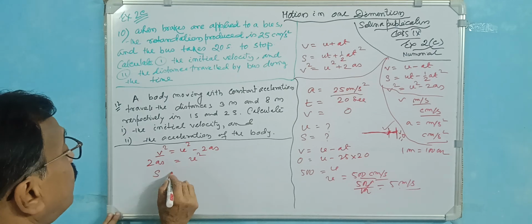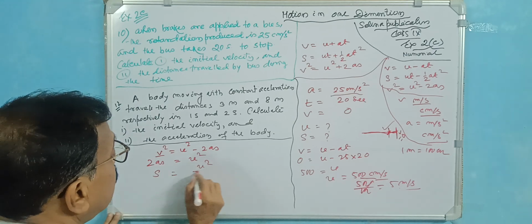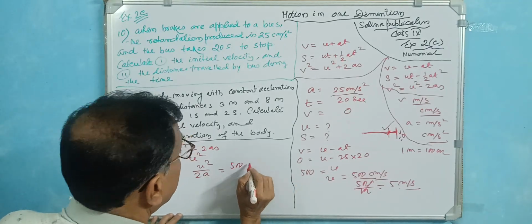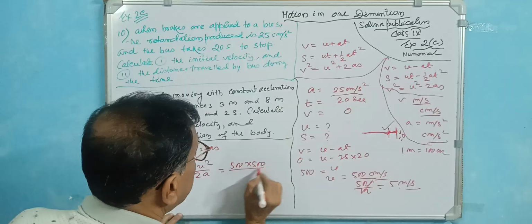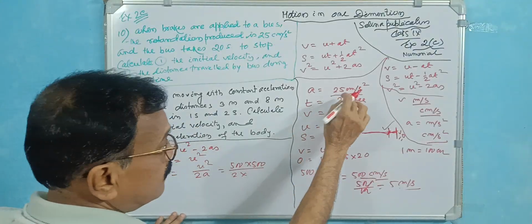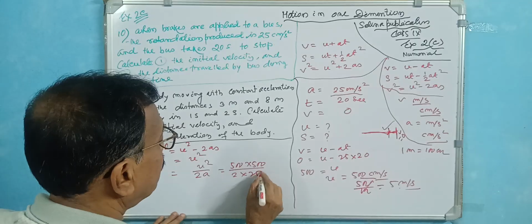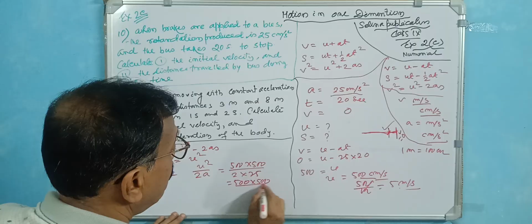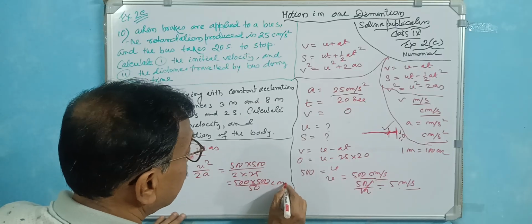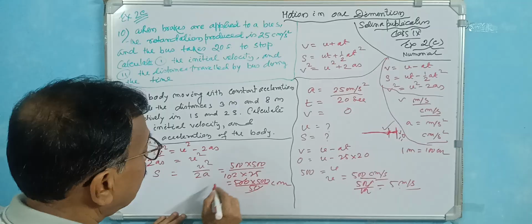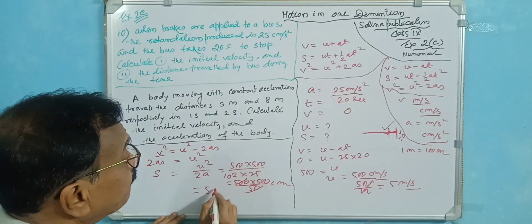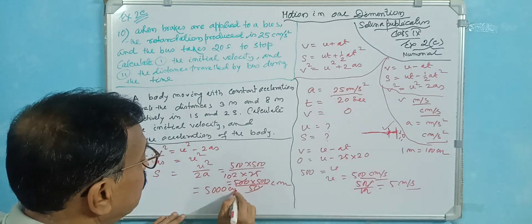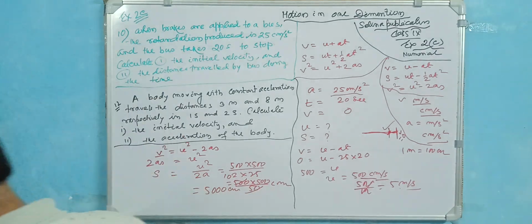So S is equal to U square by twice A. So you take 500 into 500, and this is 2. Acceleration is 25, centimeter. So divide, this is 5000, and this is the distance in centimeter.